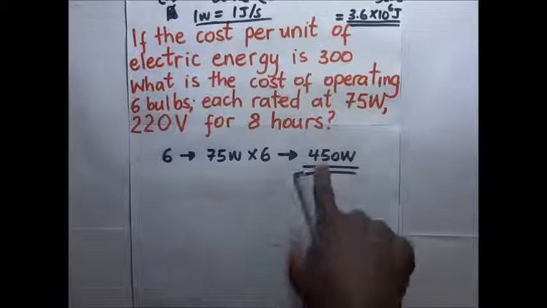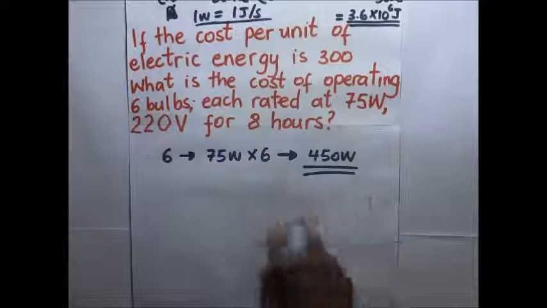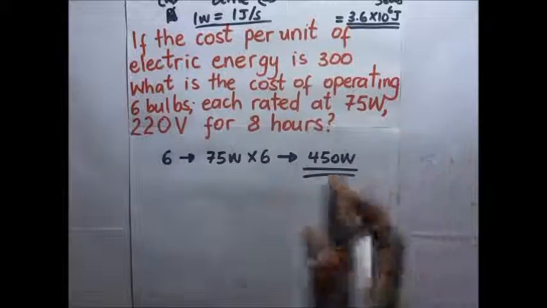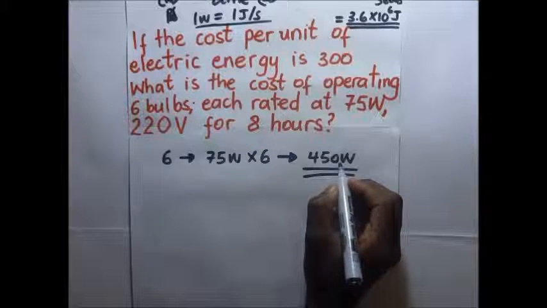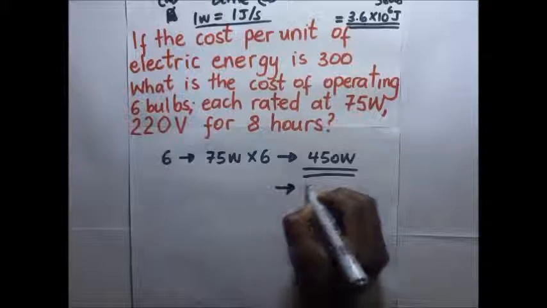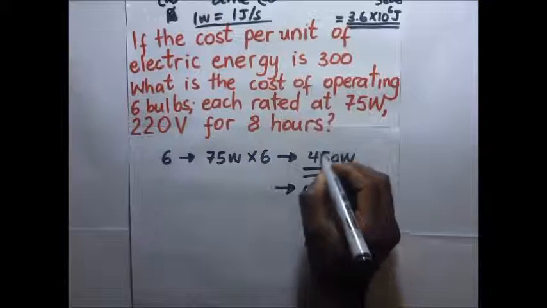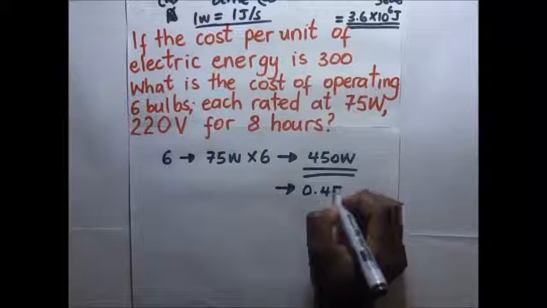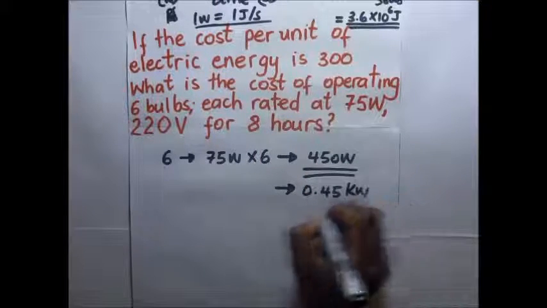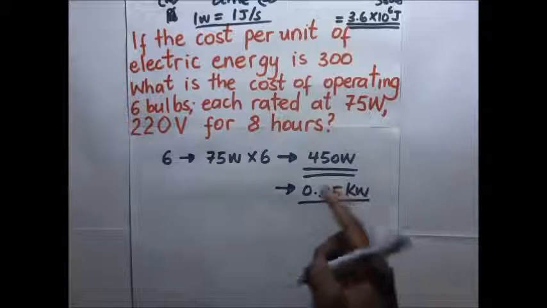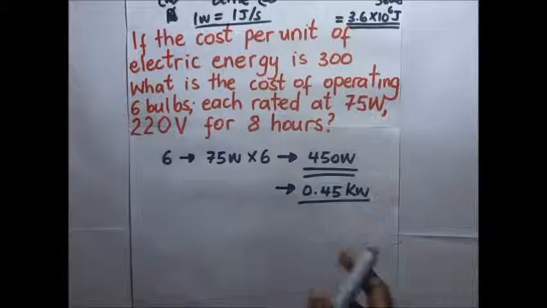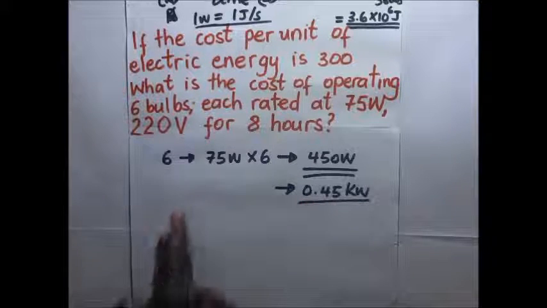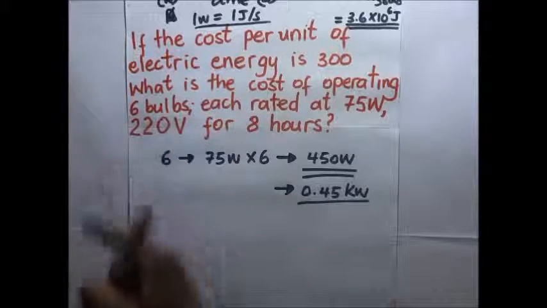So converting this 450 watts into kilowatts, because we're supposed to work in kilowatts, we divide by 1000. So it comes to 0.45 kilowatts. So the bulbs are consuming 0.45 kilowatts in just 1 hour. We're supposed to find how many kilowatt hours are being consumed by these 6 bulbs.